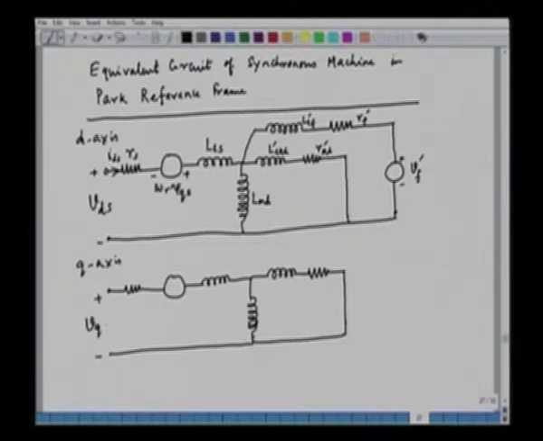VQS is the stator Q axis voltage, the resistance is RS, and IQS is the Q axis current. We have rotational induced EMF.